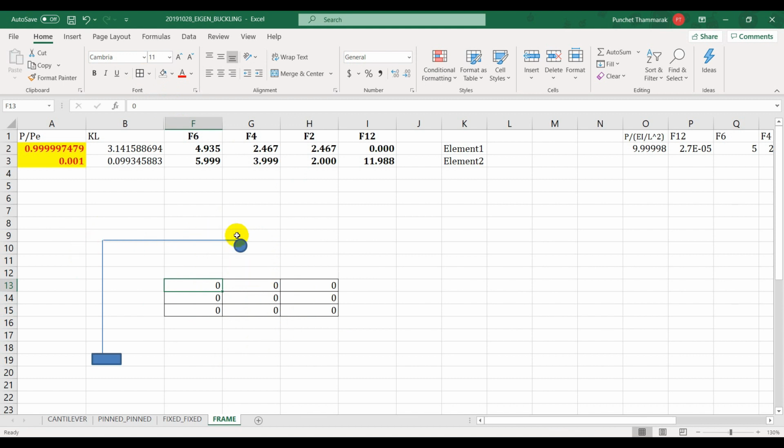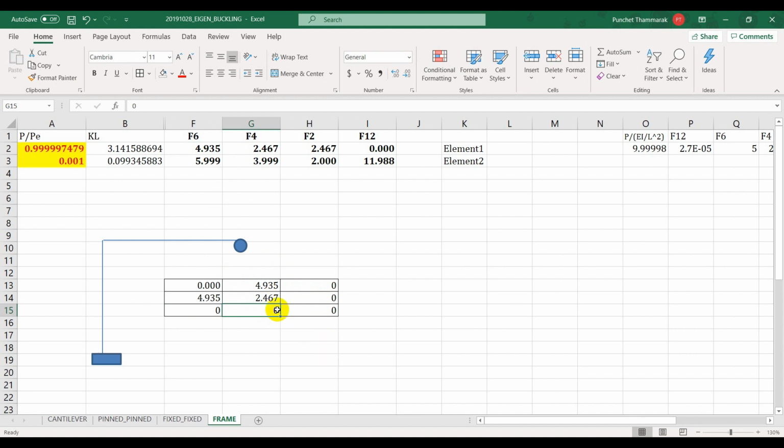We can assume that this horizontal member is axially stiff. Okay, so axially rigid, you don't have relative deformation between this point and this point, no stretching. This is equal to 12 EI. This is equal to 6, right? Equal to this one, and the last one is 4.